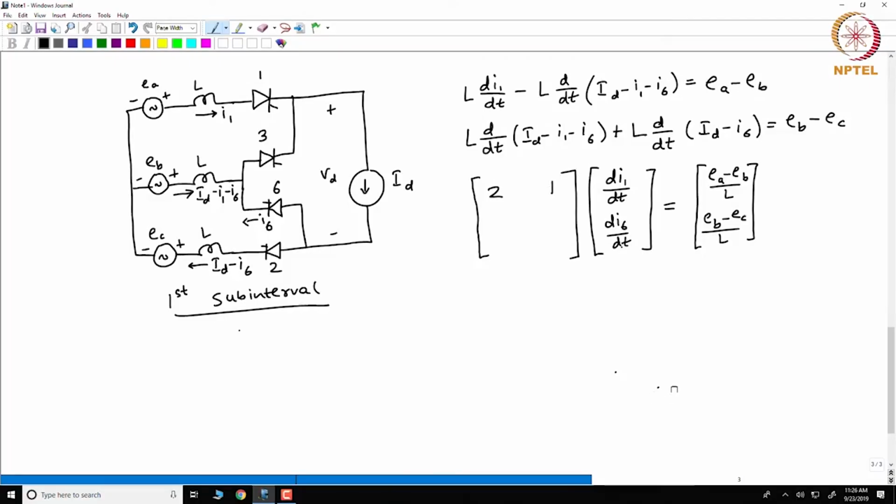In the second equation, the coefficient of di1 by dt is minus 1 and the coefficient of di6 by dt is minus 2. So this is our equation.